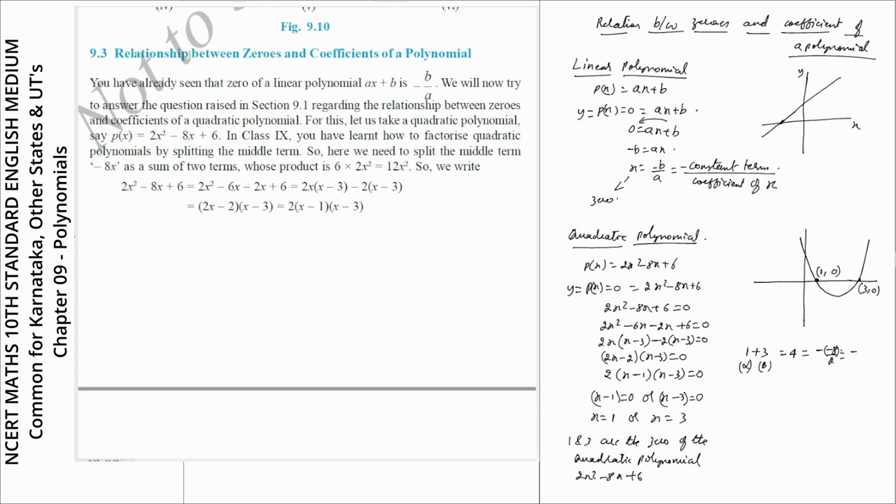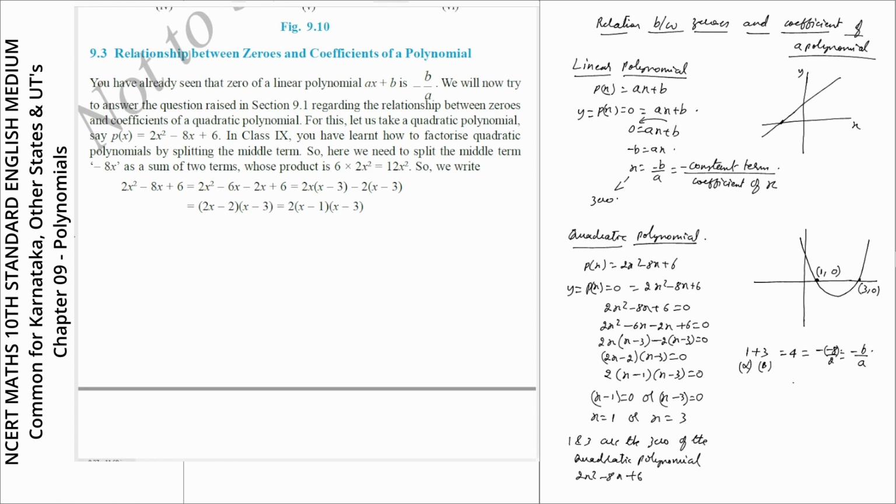What is minus 8? Minus 8 is nothing but b. And what is 2? 2 is nothing but a. So simply alpha plus beta, that is the sum of the zeros, is equal to minus b by a. That means minus the coefficient of x divided by the coefficient of x square.